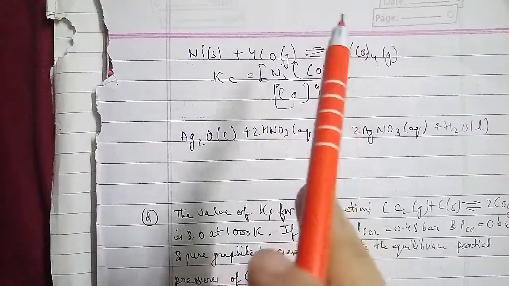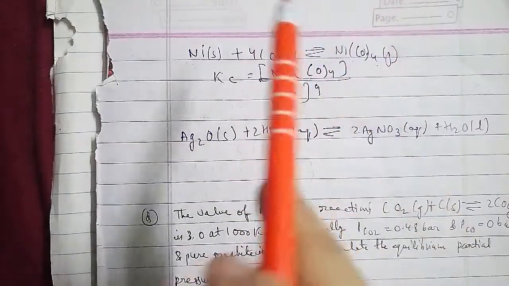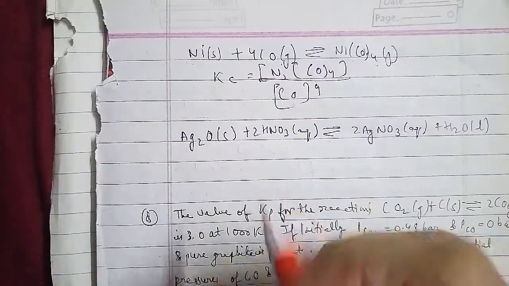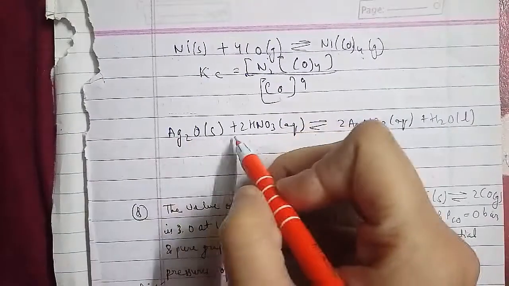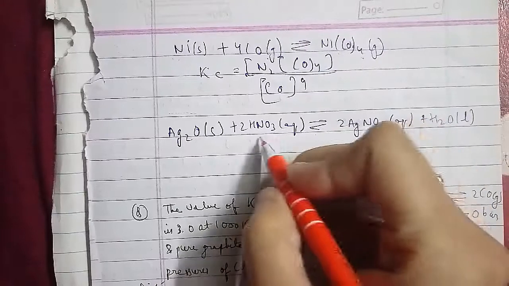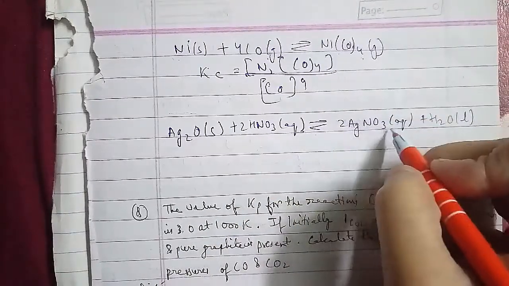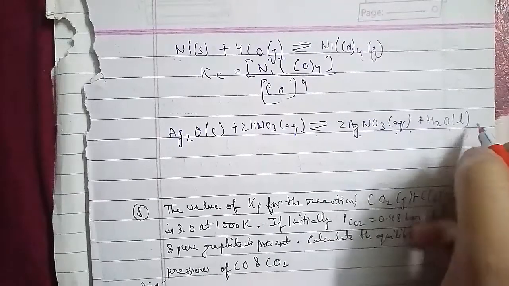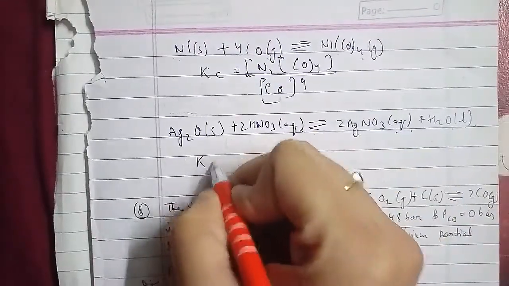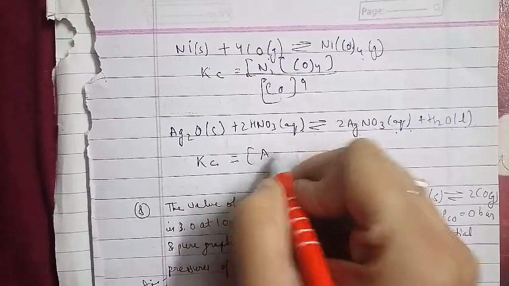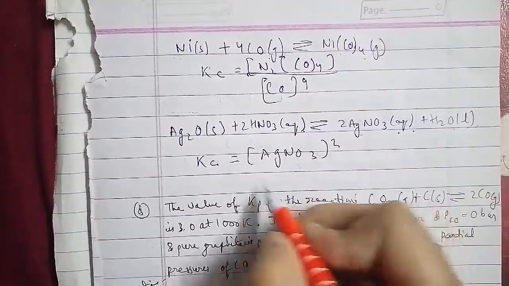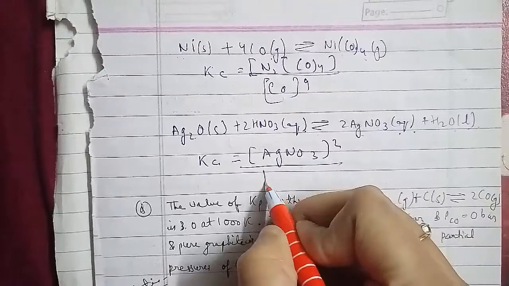In the reaction you can see that Ag2O in the form of solid plus 2HNO3 aqueous gives AgNO3 in the form of aqueous plus H2O in the form of liquid. So here Kc is AgNO3 whole squared upon HNO3 to the power 2 as well. Okay, so this is what we'll find.